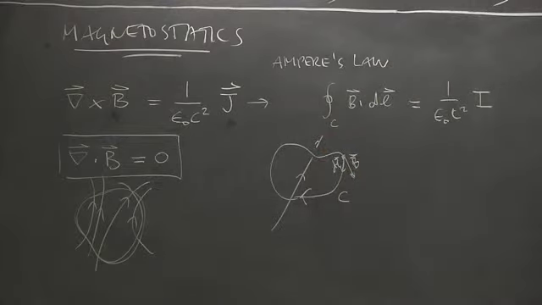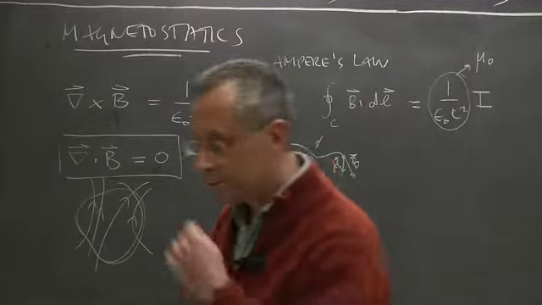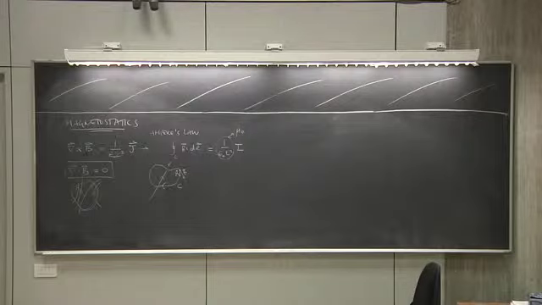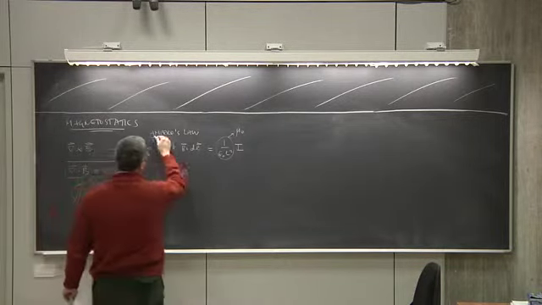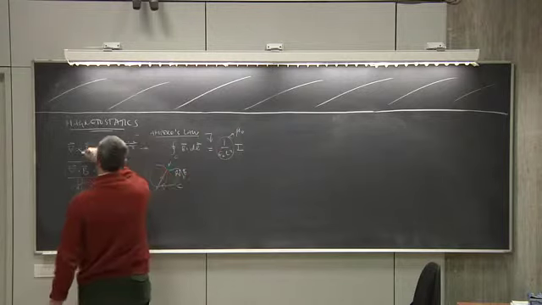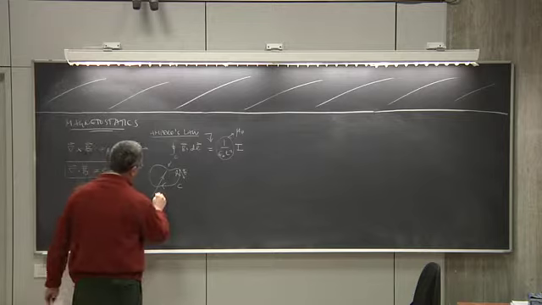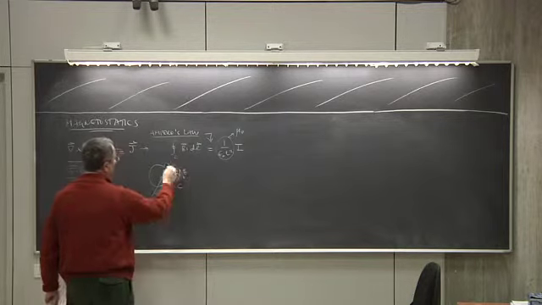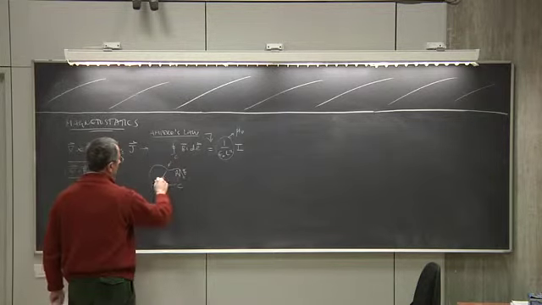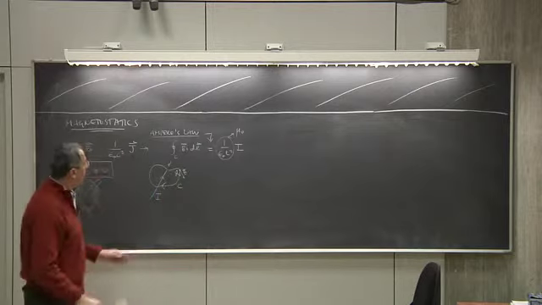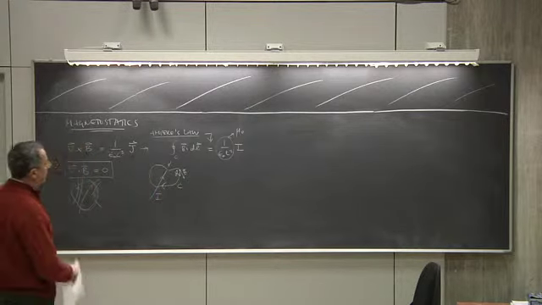So that's the physical meaning. And remember that this constant is what we call mu naught. So properly this is Ampere's law, the integral form of the Maxwell equation. If I have some electric current going somewhere and I take the circulation of B around it, Ampere's law is satisfied.